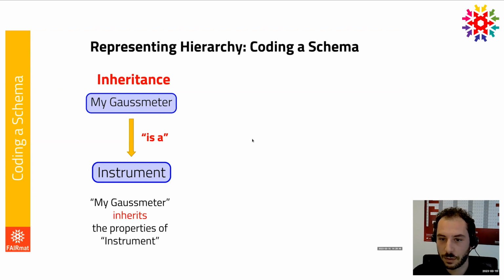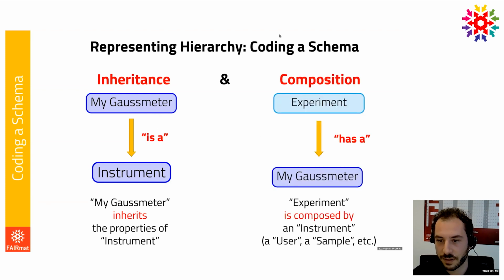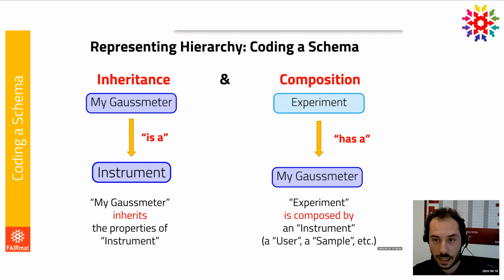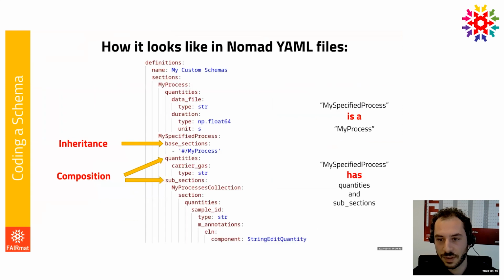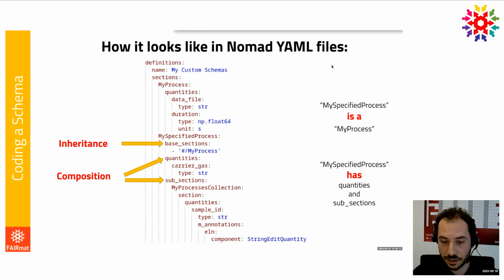Another kind of relationship that we have is composition, where we imply the has-a operator. An experiment, for example, will always contain an instrument or a sample or a user and so on. So this is the parent-child relation that I also showed before in the red tree branching from the sample. These two relationships are used in our schemas, and we find them exactly in these lines here within each section that we want to define.